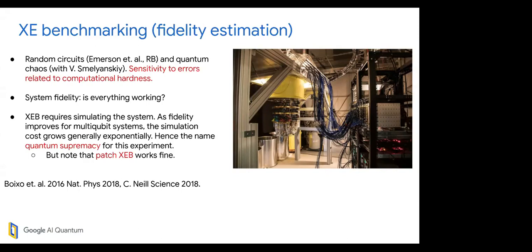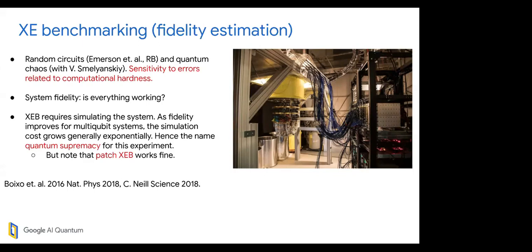So the downside of this particular technique for estimating fidelity, cross-entropy benchmarking, that I will explain in the next slides, is that to perform this estimation, you actually need to simulate the circuit. You measure a bunch of bit streams, which will be clear in the next slides, in the experiment, and then you calculate the ideal probabilities for those bit streams.